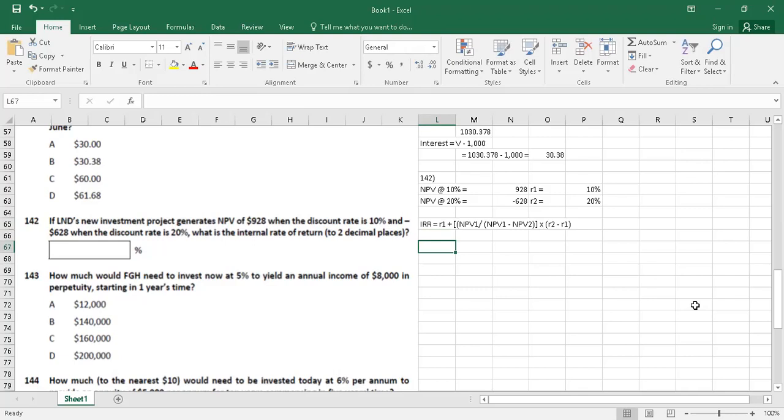What is R1? R1 is 10% plus we have NPV1 as 928, then minus NPV2. NPV2 is 628.